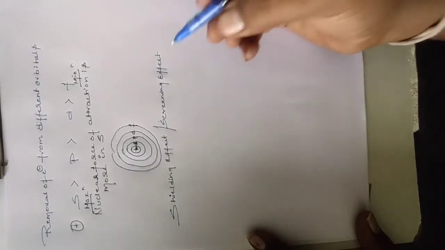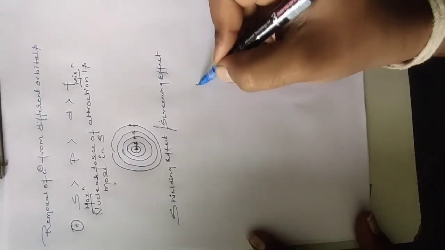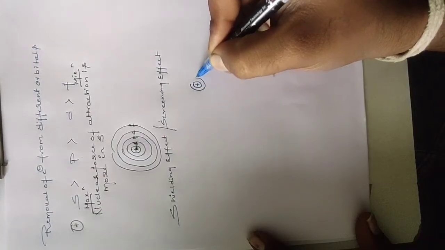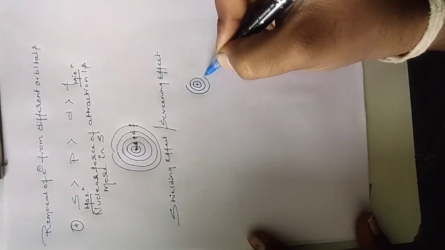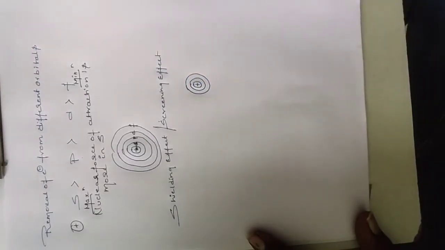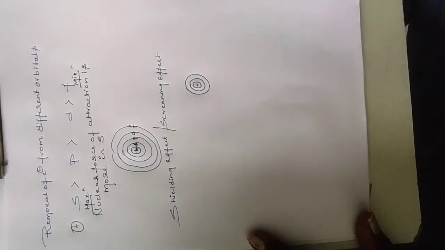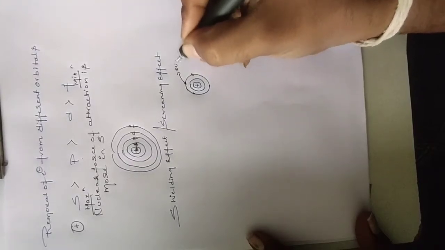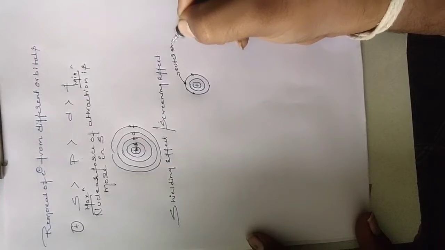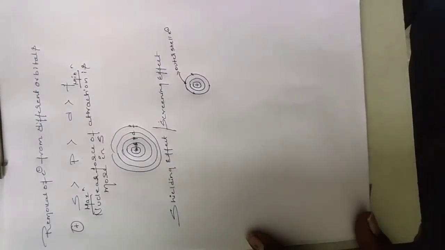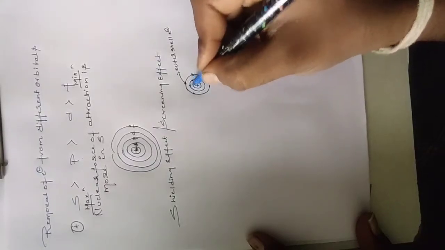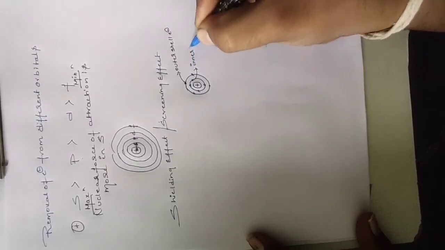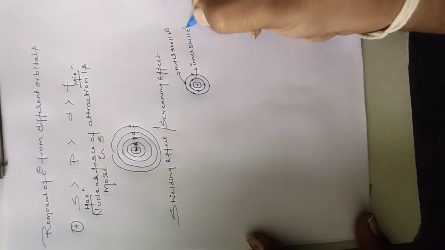See, I will draw the atom. These are the outer shell electrons. This is the inner shell electrons.